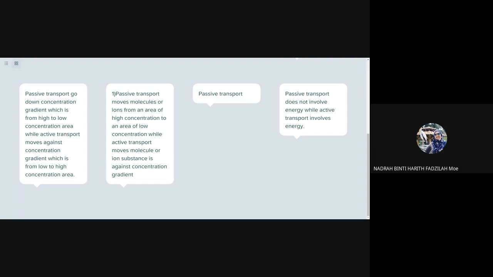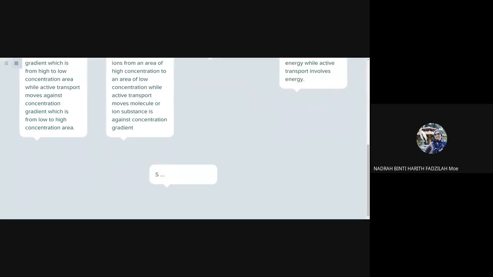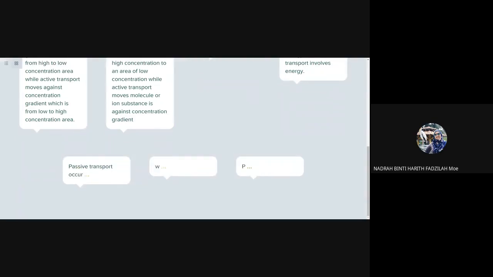Difference level 2 is what is the route or path taken. So for passive transport, dia punya route atau path taken tu ada macam-macam. So kena sebut. Okay, passive transport occurs through apa, tapi active transport occurs through apa. Kan? Ada tak active transport tak macam-macam. Passive transport macam-macam. Okay.